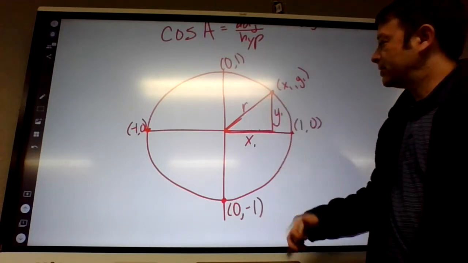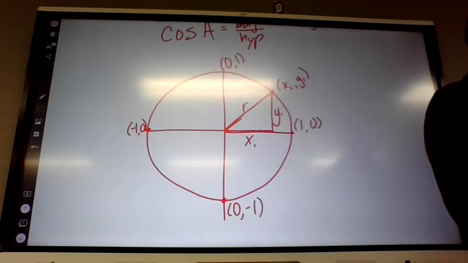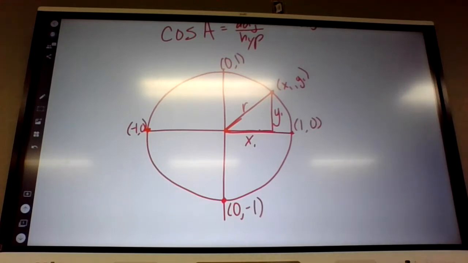This would be the radius of the circle, so call it r. How long would r have to be? It has to be 1 because it's a unit circle.